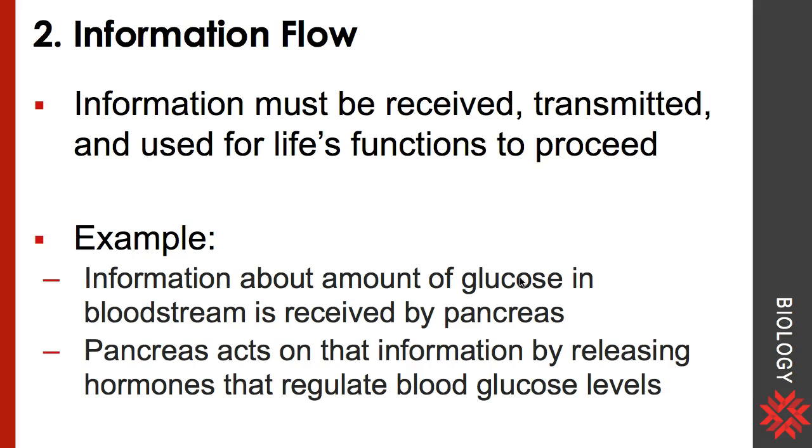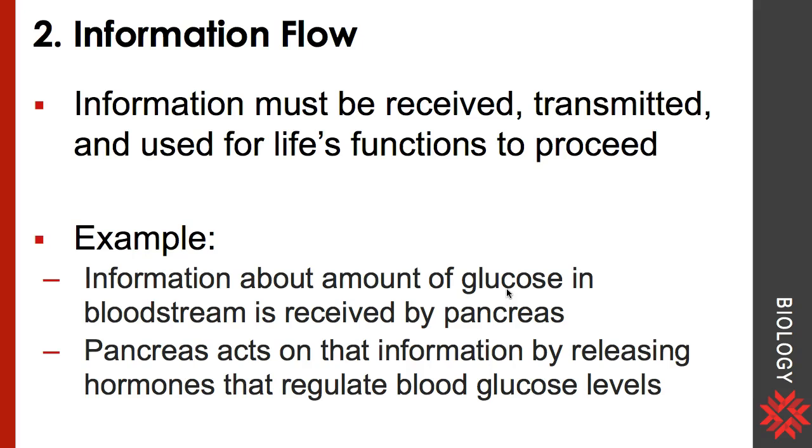How does it? Very simply, information about the amount of glucose within the blood is going to be received by the pancreas. The pancreas then is going to use that information and pass the information on to other organs. In particular, the pancreas is going to act on that information by releasing insulin.